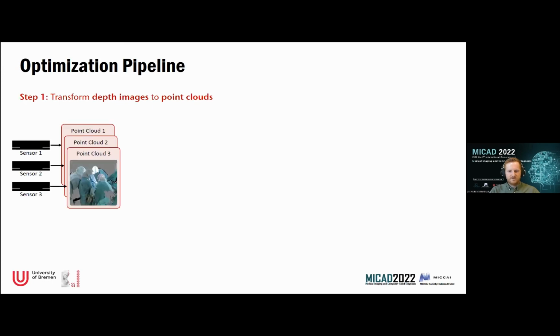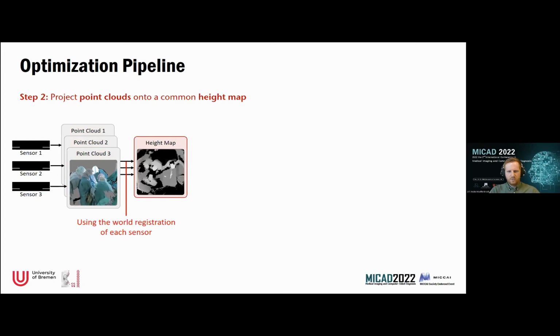By using the intrinsic parameters of the depth sensors, we transform the depth image from each sensor into a 3D point cloud. By using the world registration, in other words, the extrinsic calibration of each sensor in the surgical room, we can project each point onto a common height map.